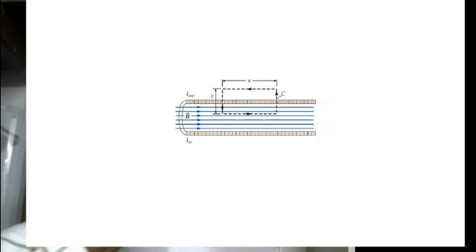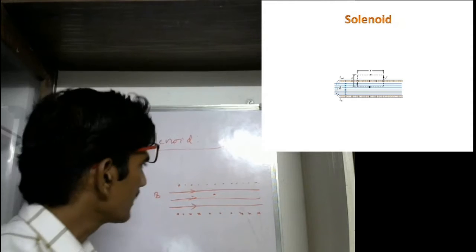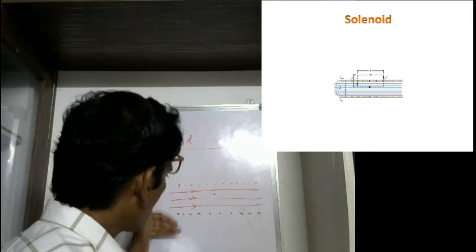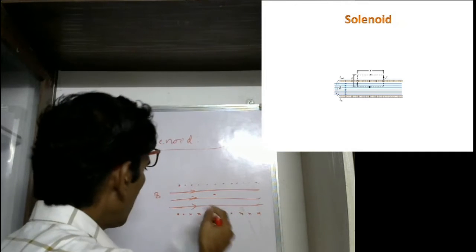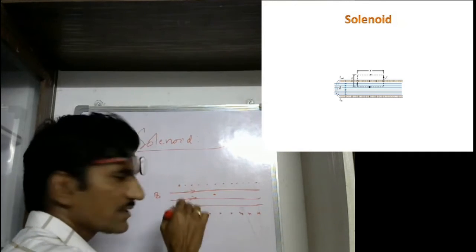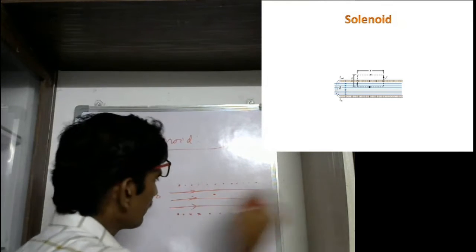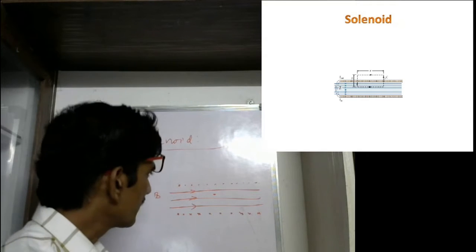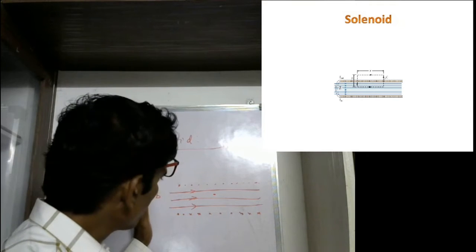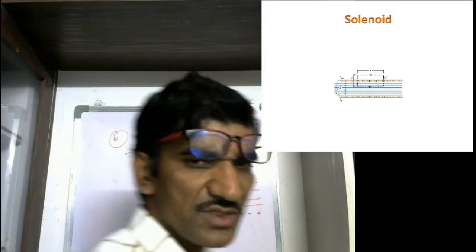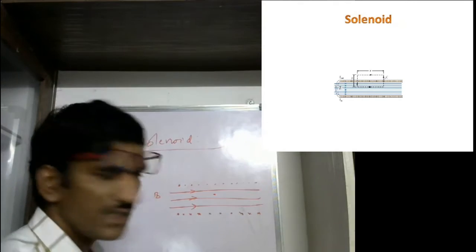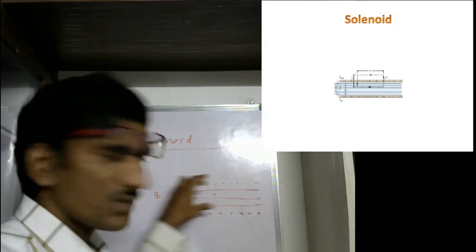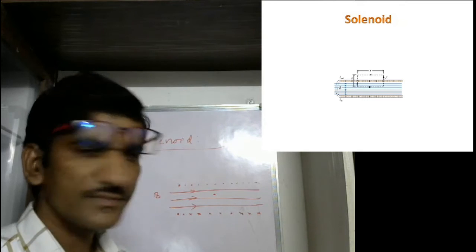You have field due to that current, with a field line pattern like this. Suppose on this side a north pole is induced, on this side a south pole is induced. Then you have field lines like this. This is the inside part of the solenoid.